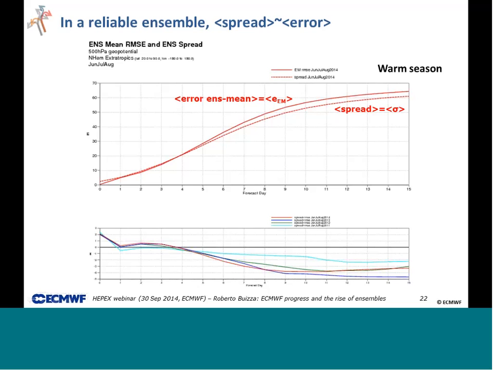This is clearly very valid in our case for geopotential at 500 or temperature at 850, but I think we are underestimating it in terms of precipitation. But for this variable, you can clearly see that this is very important if you want to verify a system in the short range. When you move to longer lead times, taking observation uncertainty into consideration would not change the results dramatically.